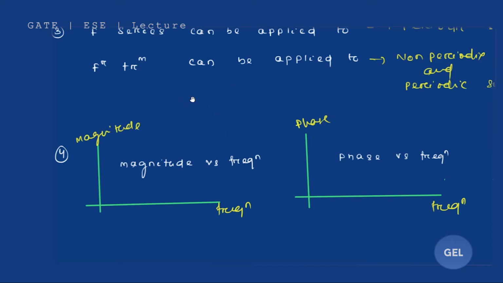Now how you're going to represent it, how you're going to communicate with either a system or any person, how you are going to tell them. You want to tell them in terms of magnitude versus frequency spectrum, or phase versus frequency spectrum. This is called as magnitude spectrum, this is called as phase spectrum, and this entire spectrum analysis is called frequency spectrum analysis.